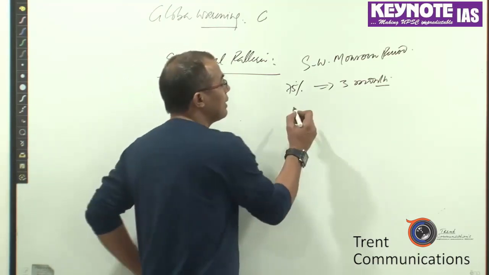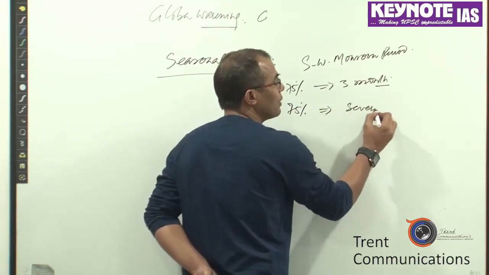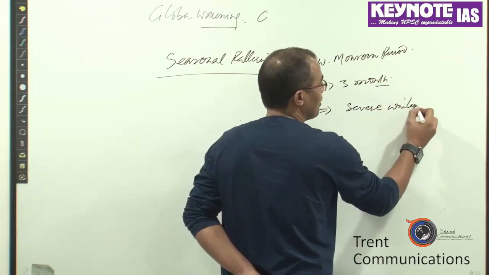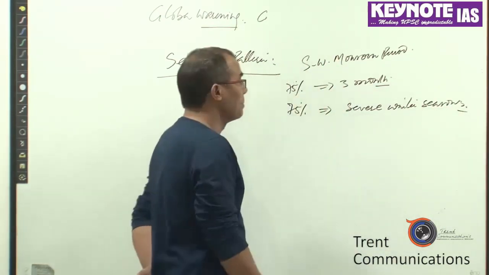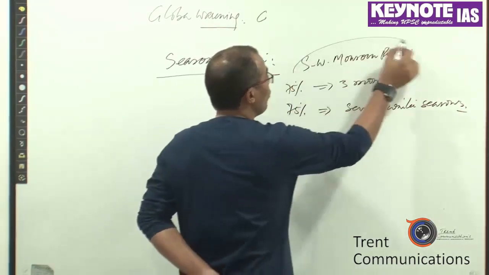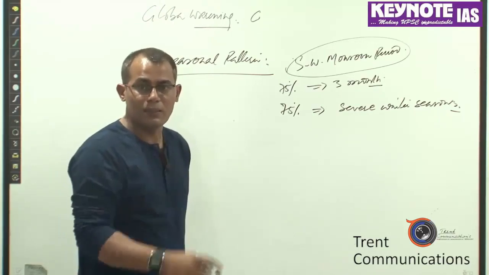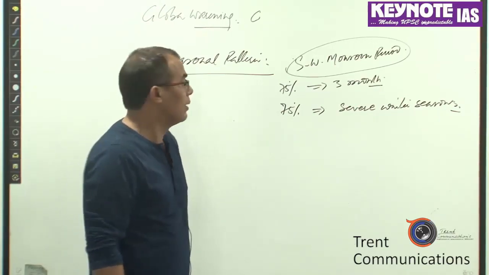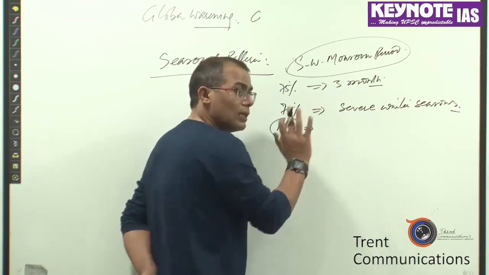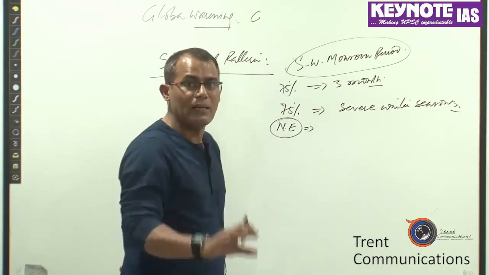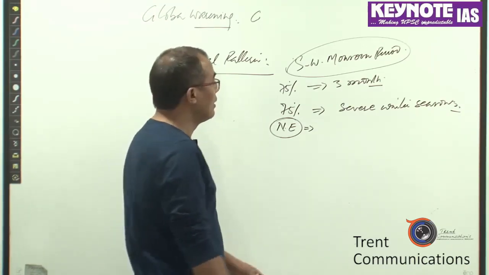Even that 25%, a part is received in the winter season through western disturbances. Then that provides unity, that whole of India receives rainfall during the southwest monsoon. Talk about the exception, the northeast monsoon: except Tamil Nadu mainland, most of the states do not receive rain from the northeast monsoon.